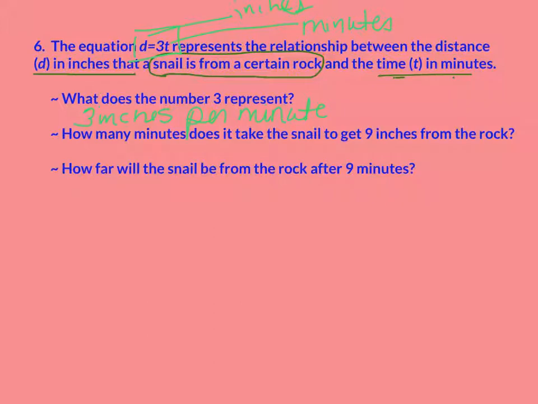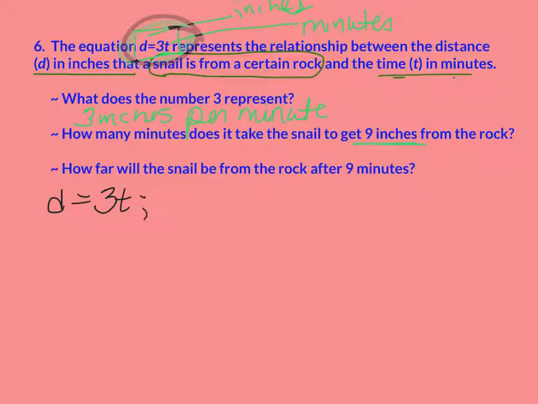You see, and that's why the t here, 3 times t, 3 times the number of minutes, gives us the distance. How many minutes does it take the snail to get 9 inches from the rock? Okay, so this is a very simple substitution. I know some of you are still a little confused about that, but we take our original equation, d equals 3t.